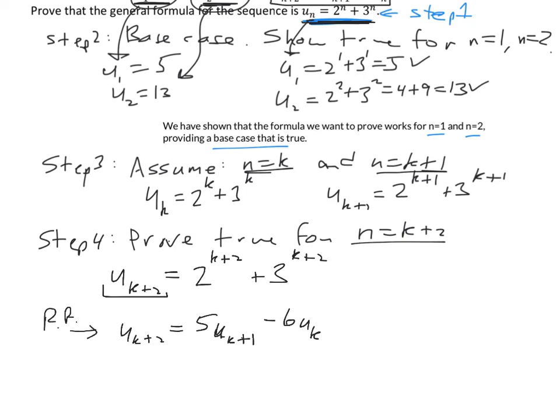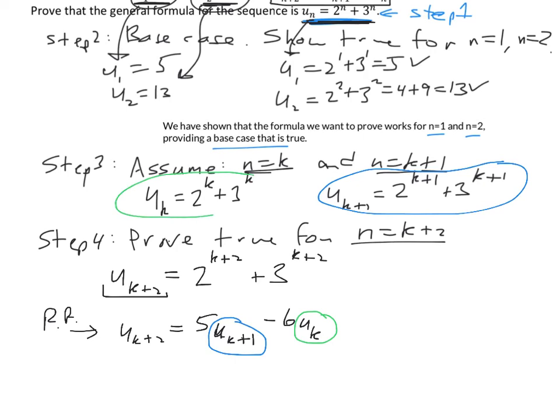And you can see we have u sub k plus 1 and u sub k up here in our inductive hypothesis. So we're going to bring those two things down, and remember that our goal is to get it to match this thing over here.